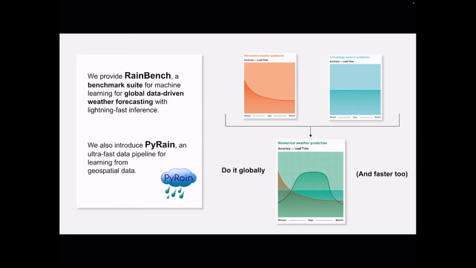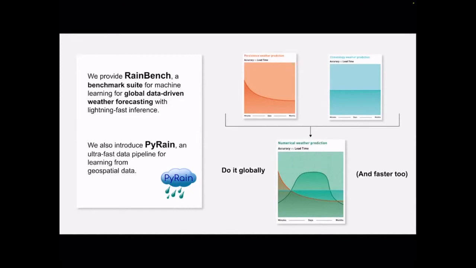As a way out of this problem of having to get better forecasts, there's the idea of directly predicting the weather from data. And by data, I mean satellite data, reanalysis data, whatever data is available.